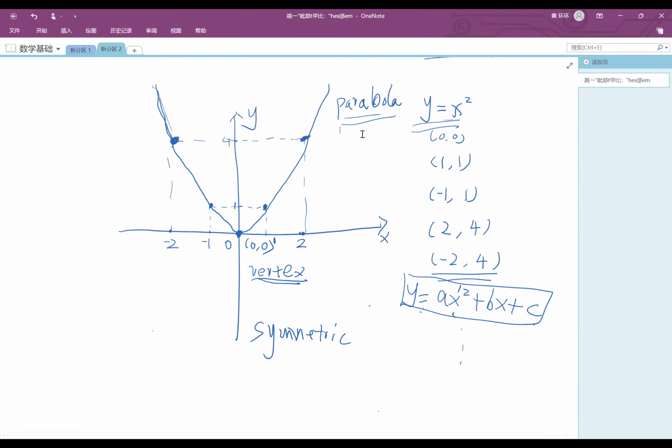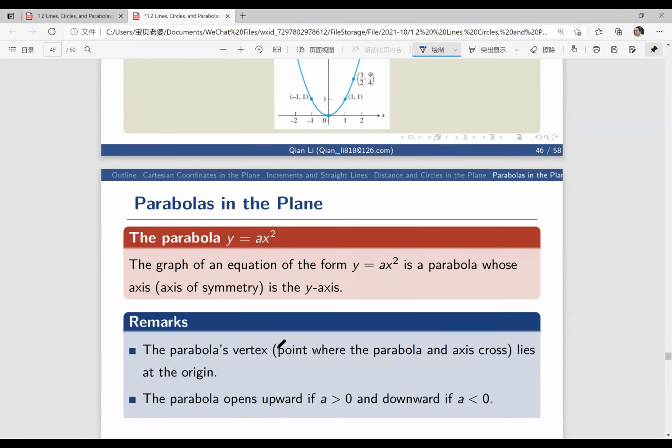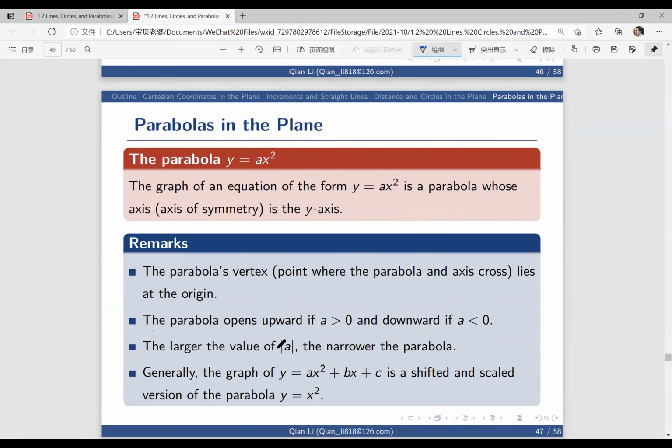Okay, and let's see the following. If the parabola is y equals ax squared, the graph of an equation of the form y equals ax squared is a parabola.